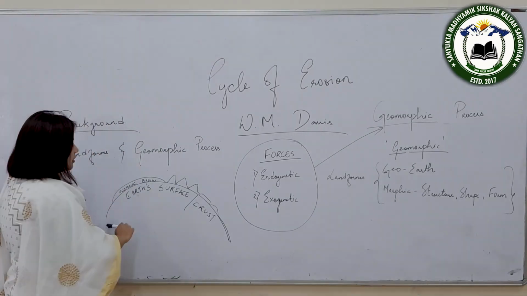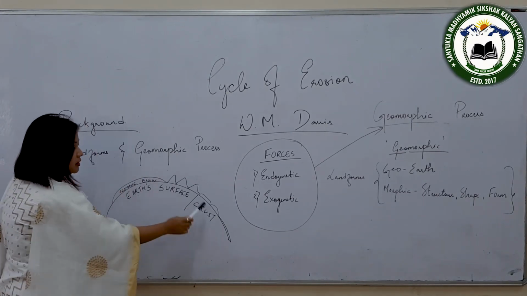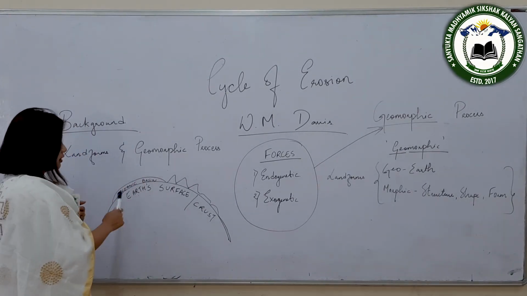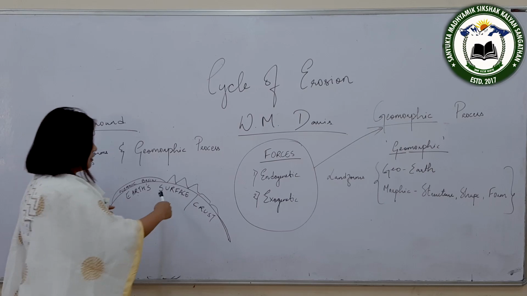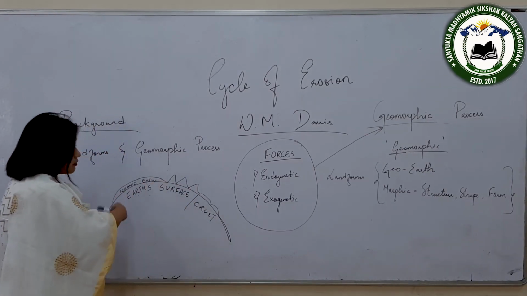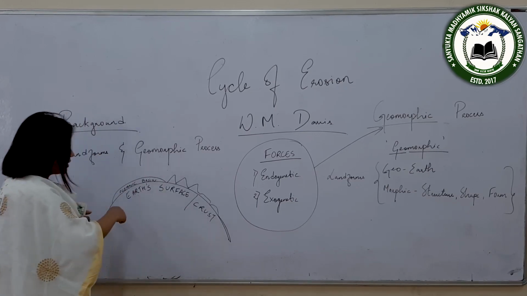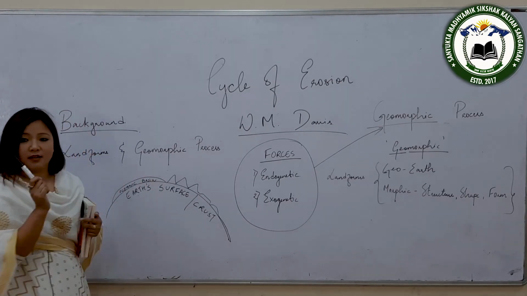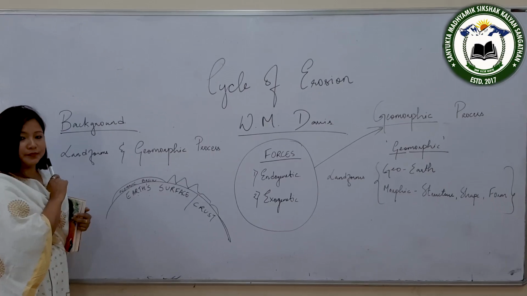For example, this is the Earth's surface or the Earth's crust. You could see the oceanic basins, the mountains, the hills, the plateaus, the plains. All these relief features situated at the Earth's surface are regarded as landforms.